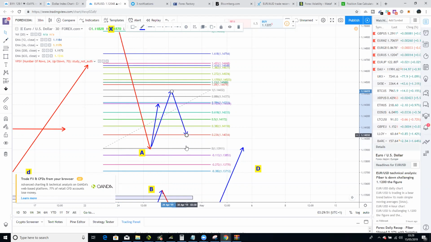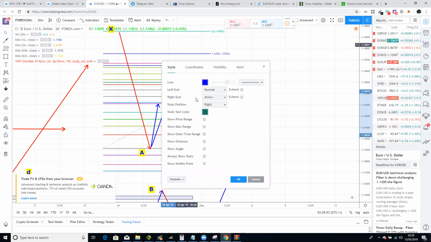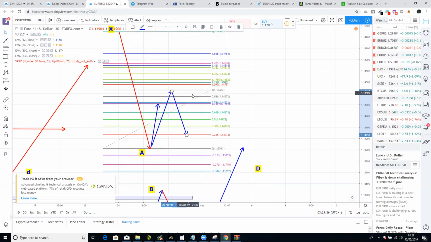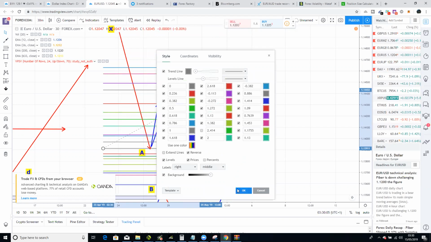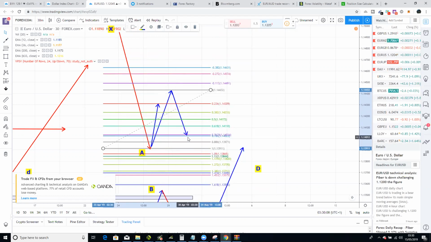It can be at this particular level. So it can come to 78.6, it can come to 88.6, it can come to 1, but not below that. So that's not validated. The deeper the retracement, the faster you will see the C to D leg.